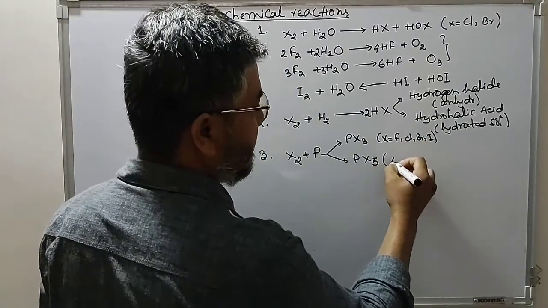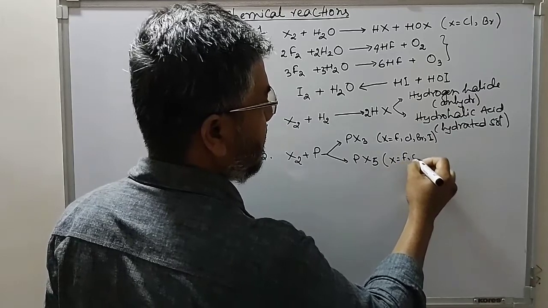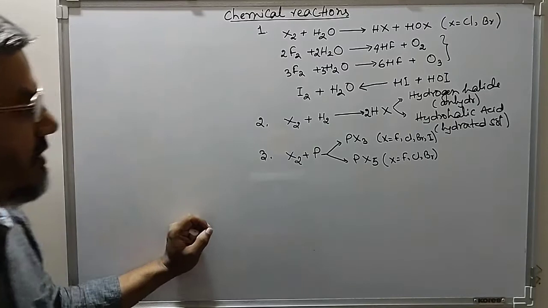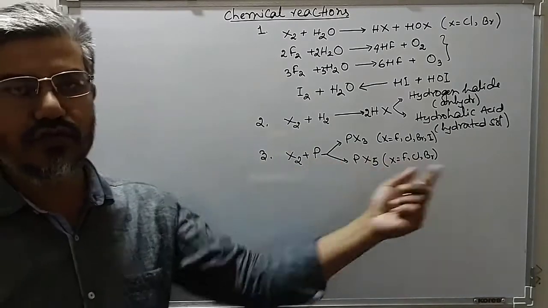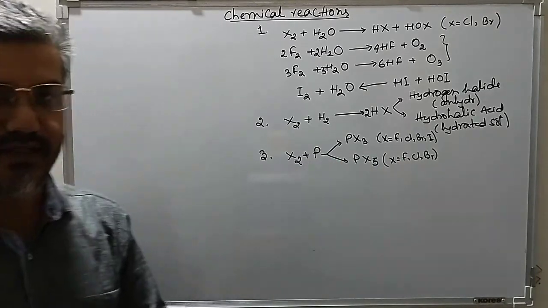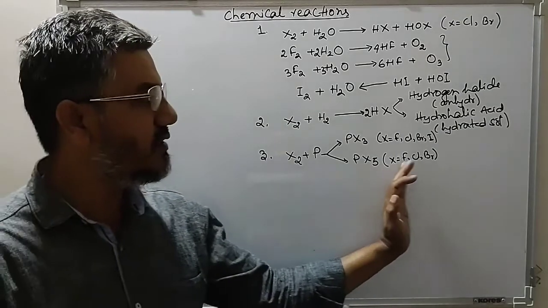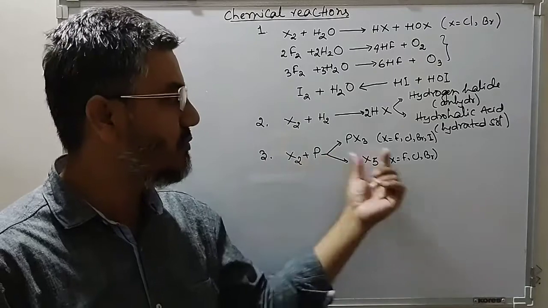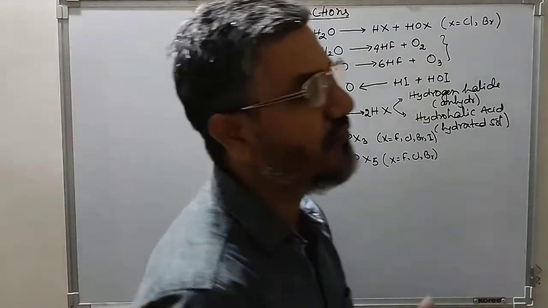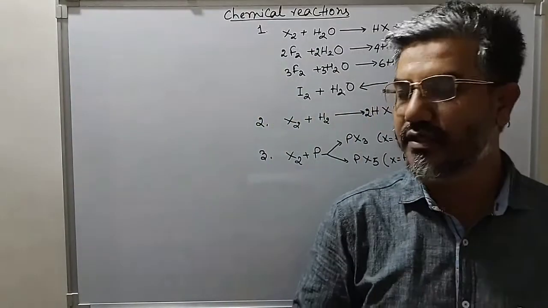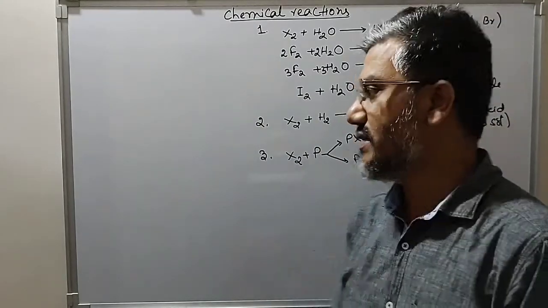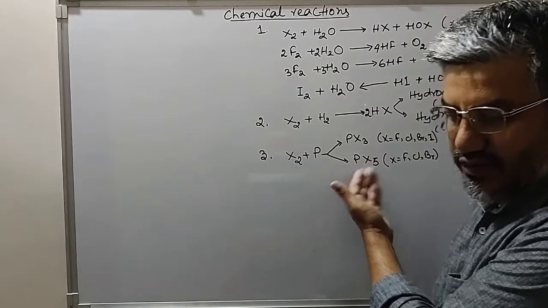Whereas the pentahalide is given by fluorine, chlorine, and bromine. Iodine does not react with phosphorus to give phosphorus pentaiodide. So the reaction of halogens with phosphorus gives you two types of compounds, phosphorus trihalide or phosphorus pentahalide.